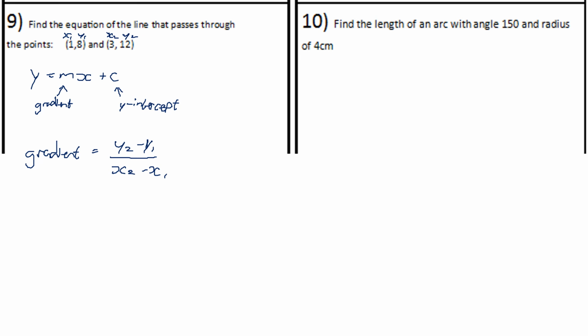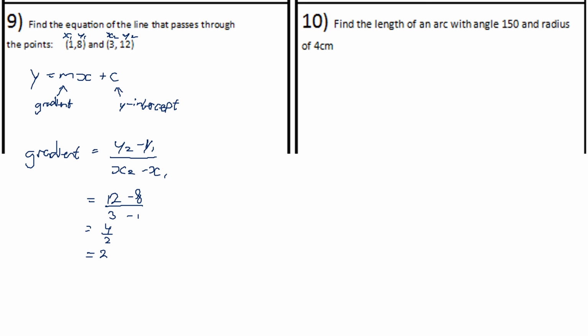So y2 is 12, take away y1, which is 8, all over x2, which is 3, take away x1, which is 1. 12 take away 8 is 4, over 3 take away 1 is 2, so we're left with a gradient of 2. Good, so our m is 2.